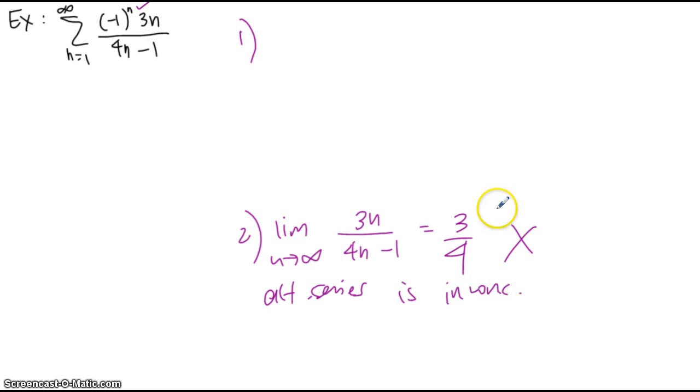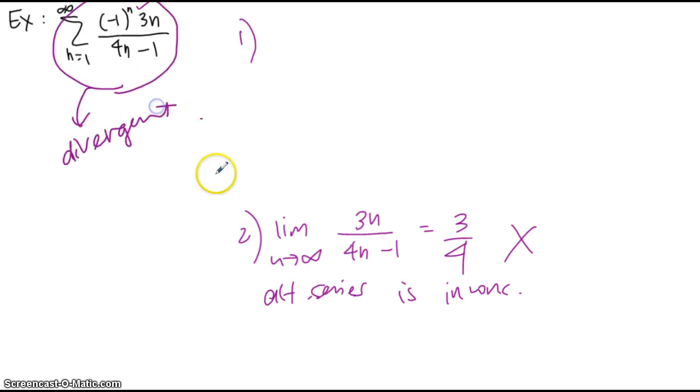But that doesn't necessarily make this divergent. What makes this series divergent is not that it fails the alternating series test, it is that it fails the divergence test.